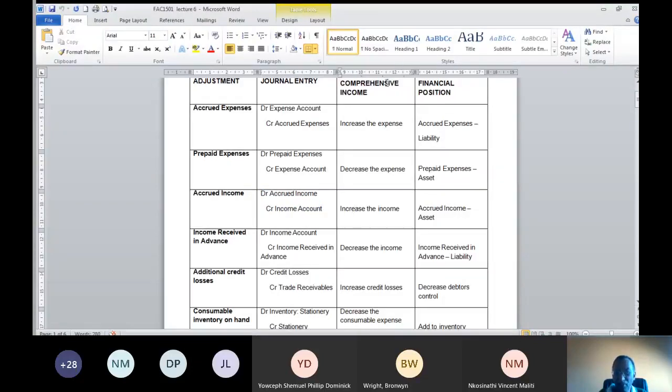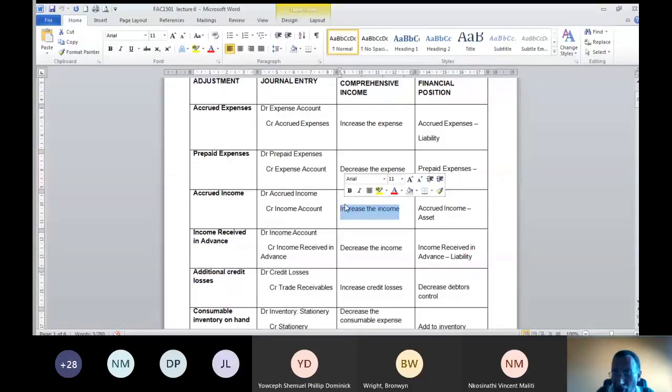The impact on your statement of comprehensive income is that your income accounts, rent income for instance, will have to increase. Because remember now, if a tenant only paid for 11 months, in your trial balance, the amount reflected will only be for 11 months. Now your adjustment tells you that there is still 1 month outstanding.